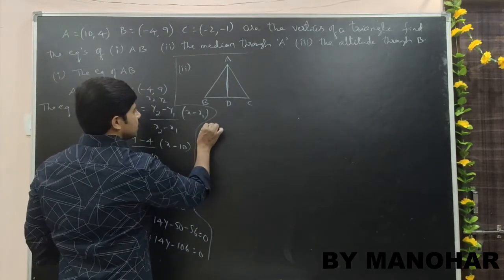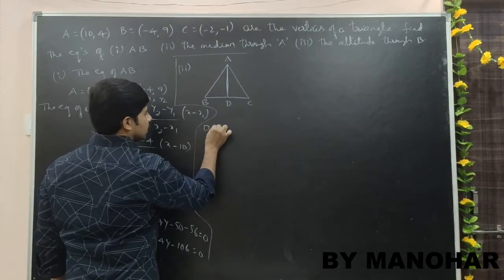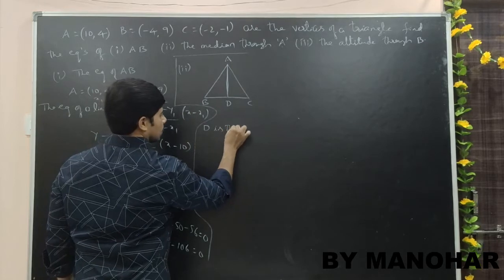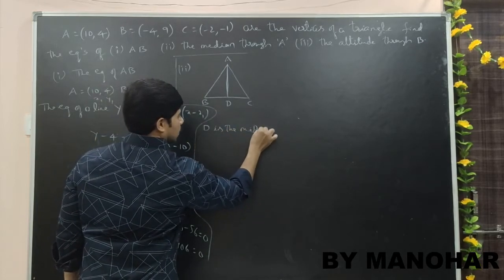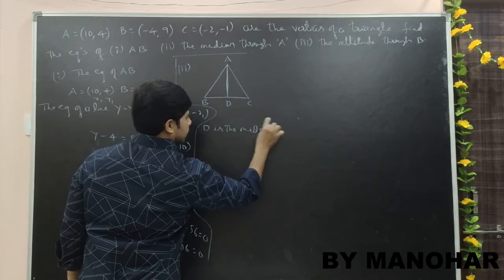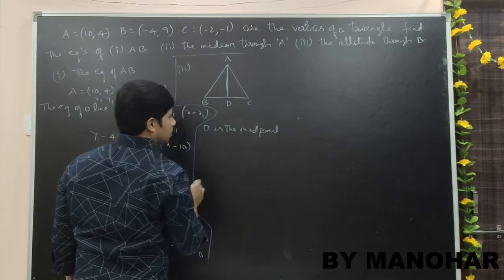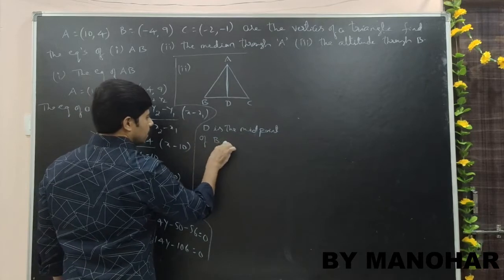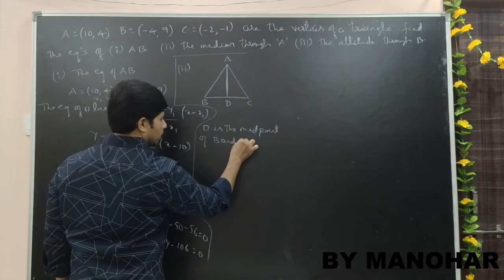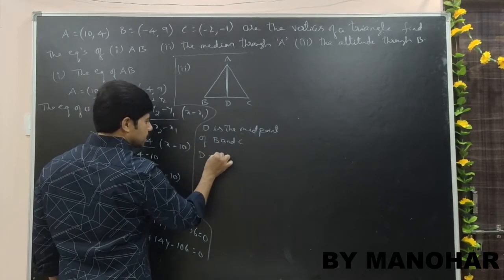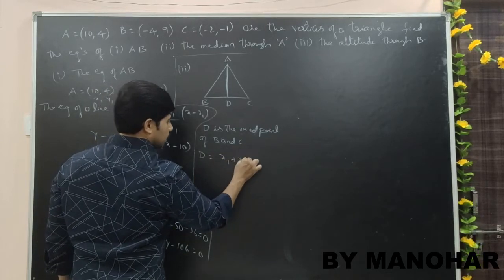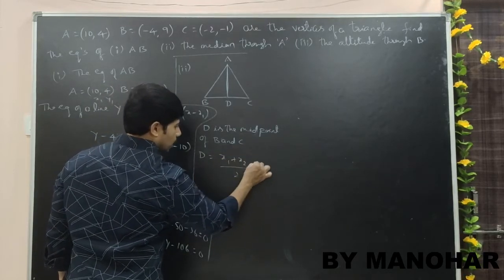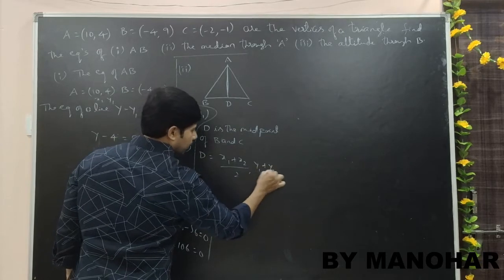So now for B and C we'll find out. What is D? D is the midpoint of B and C. So D is equal to ((x1 plus x2) by 2, (y1 plus y2) by 2).